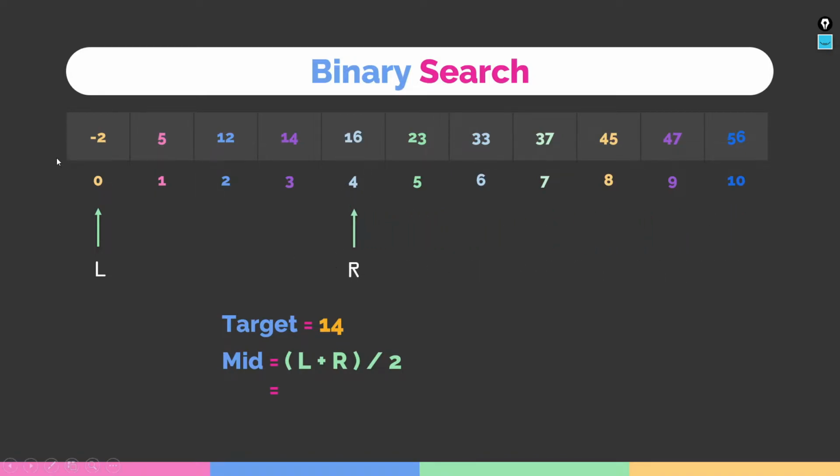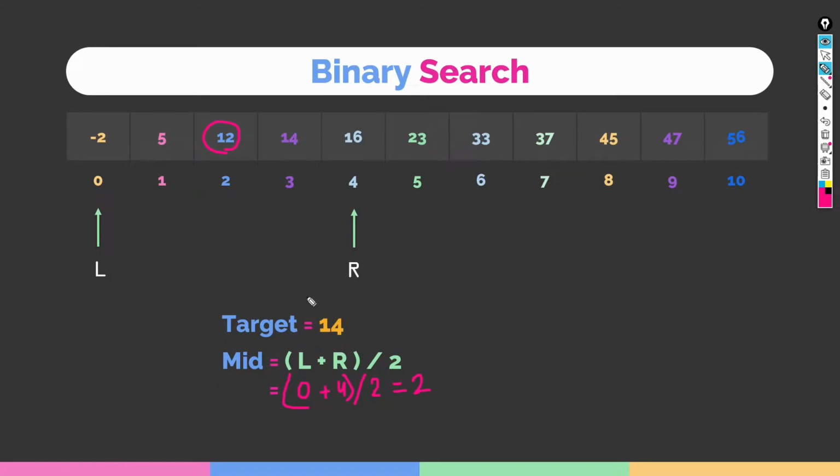Now we will check for this portion. For this portion, the left is again 0 and right is 4. Dividing by 2, we get 2. So this is the mid value. Now this value is lower than our target.